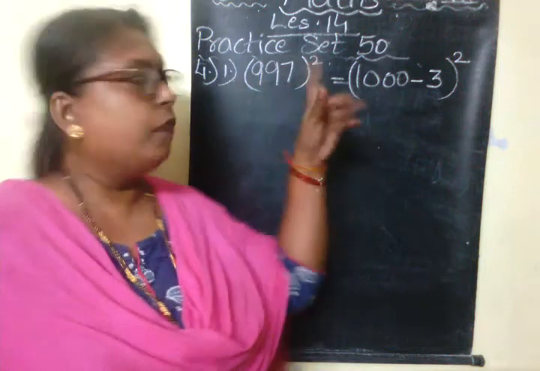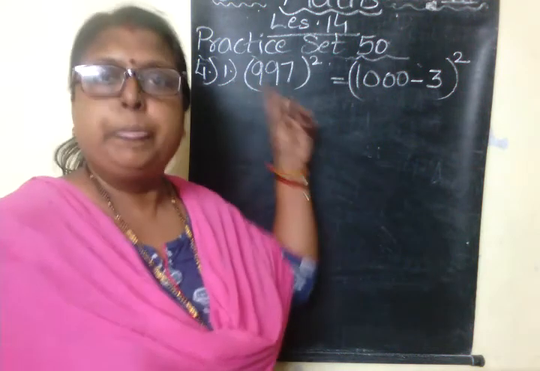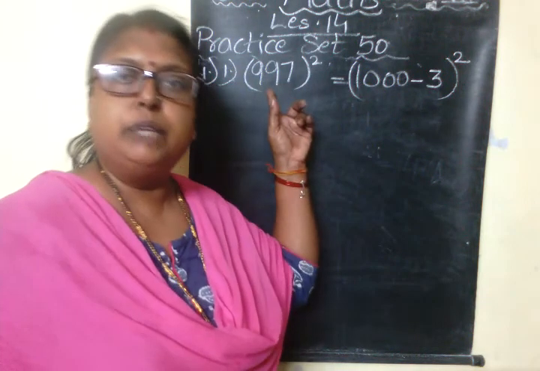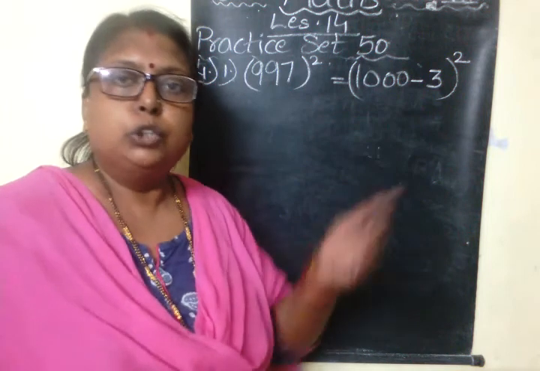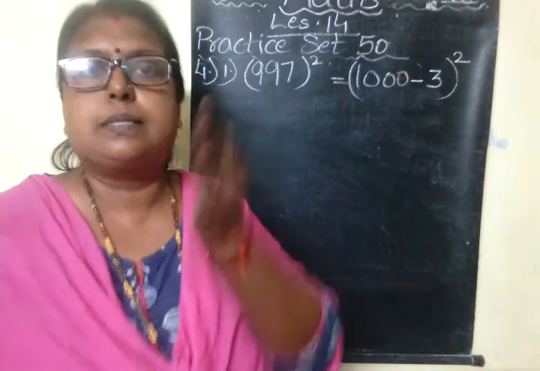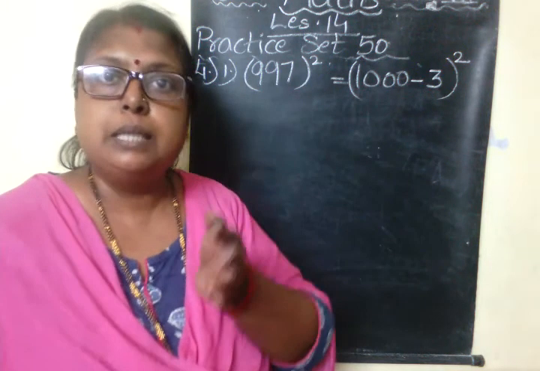So when you have to find the value of such a number, first you have to convert the given number into a binomial. How to find out? So go to the nearest tens.